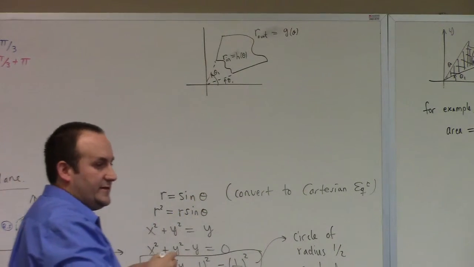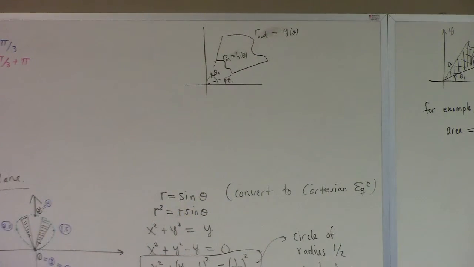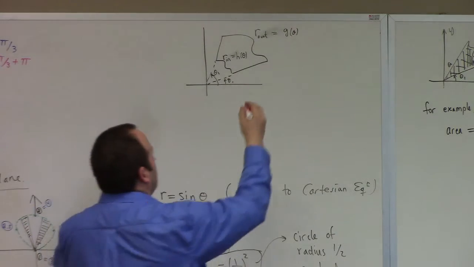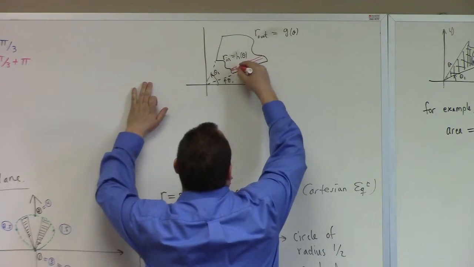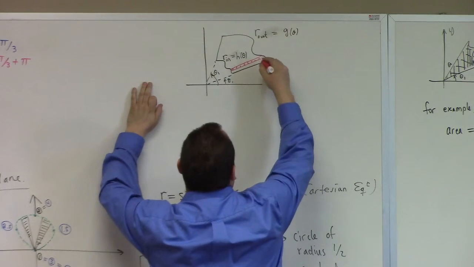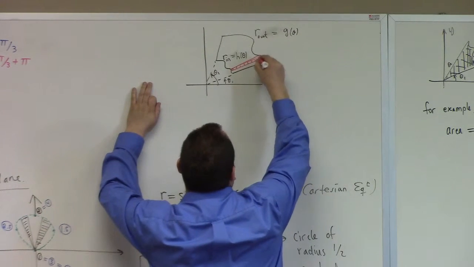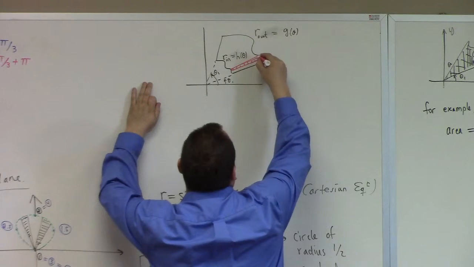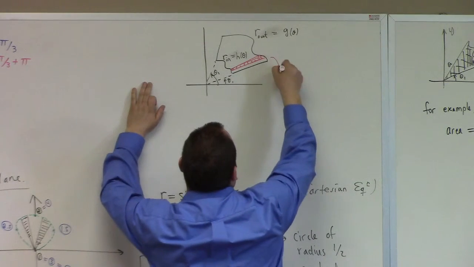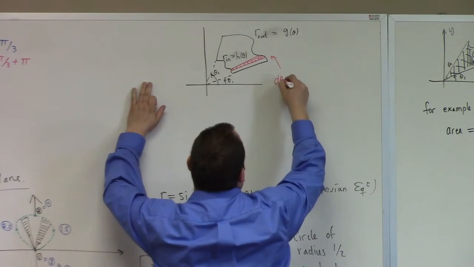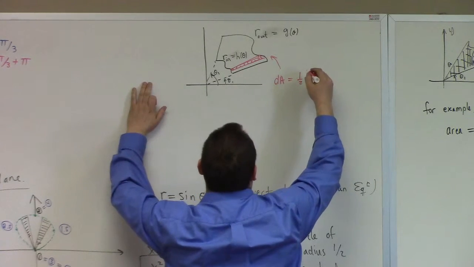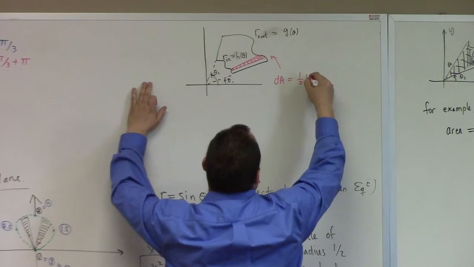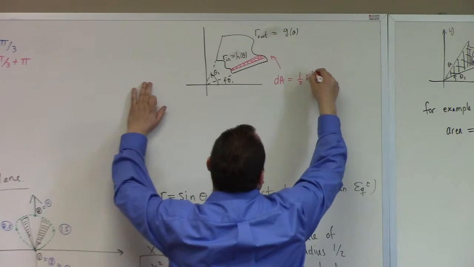Then, to calculate the area of something like that, same song and dance, you just divide it up into little wedges, right? Little sectors. But the dA would then be 1/2 r out squared times d theta.